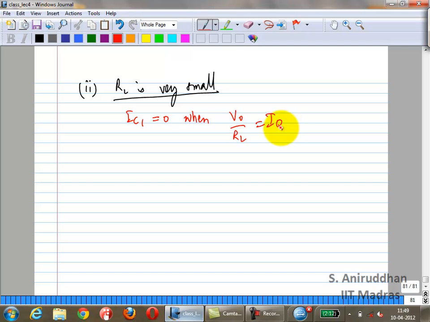Correct? Well, in this case it's mod VO by RL. VO is negative. So in reality it happens when VO equals minus IQ RL.